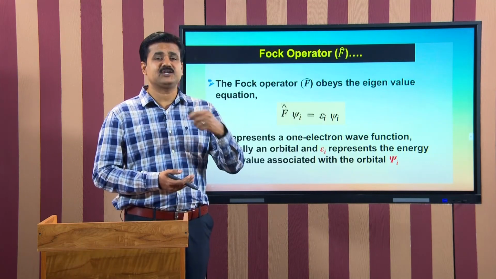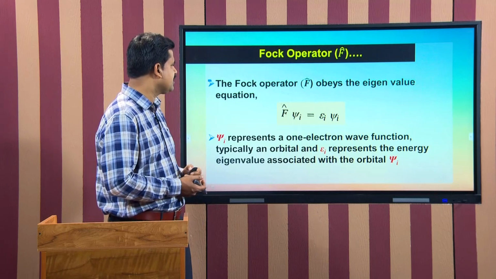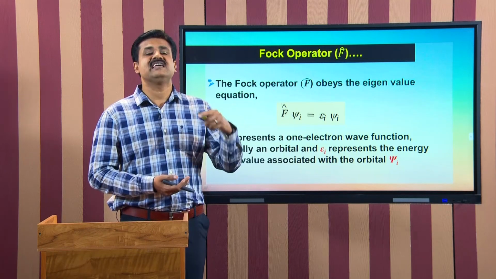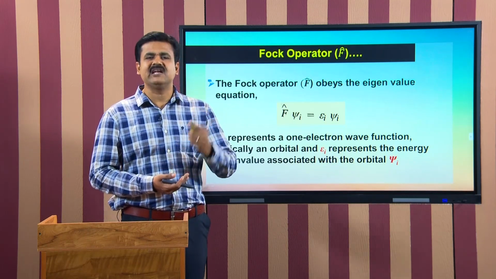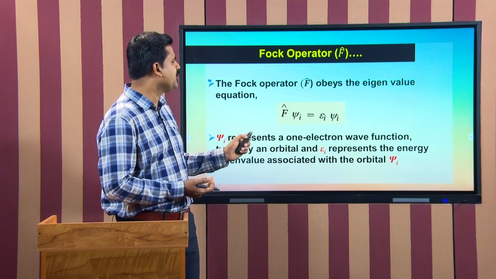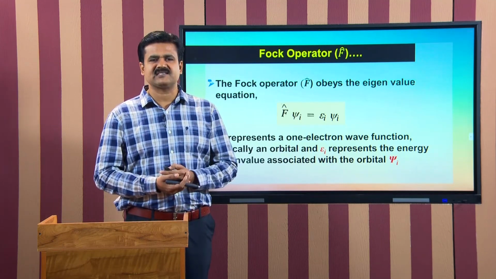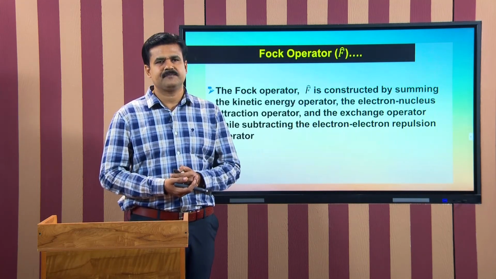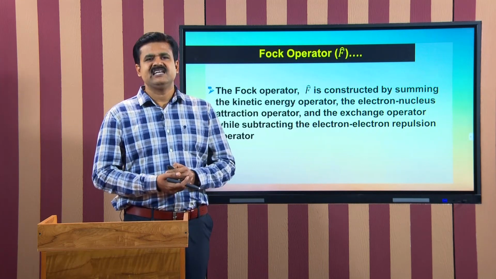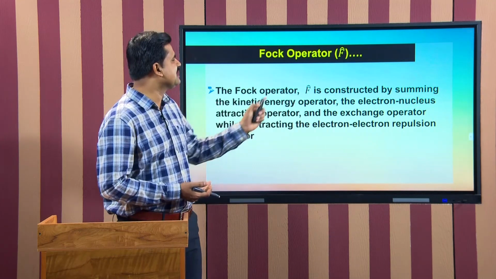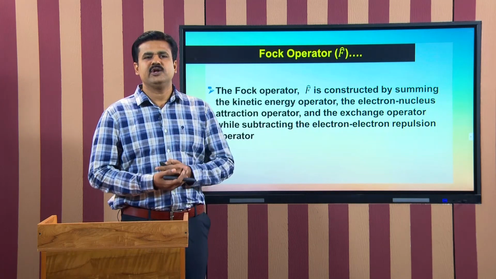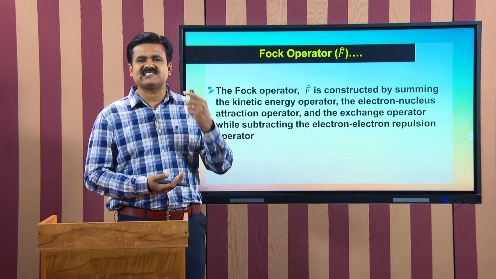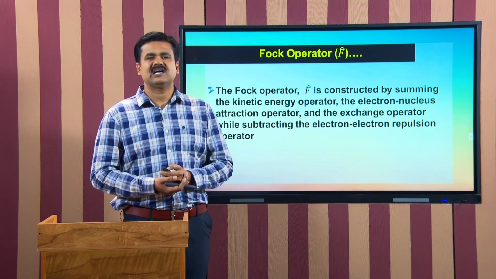The Fock operator F hat obeys the eigenvalue equation F hat psi I is equal to epsilon I psi I. Here psi I represents a 1 electron wave function, typically an orbital, and epsilon I represents the energy eigenvalue associated with the orbital psi I. The Fock operator F hat is constructed by summing the kinetic energy operator, the electron nucleus attraction operator, and the exchange operator while subtracting the electron-electron repulsion operator.